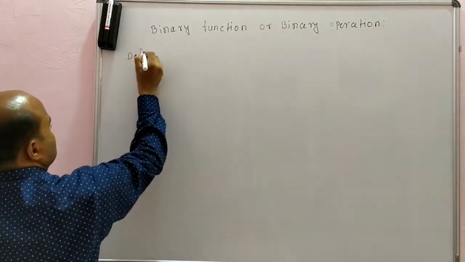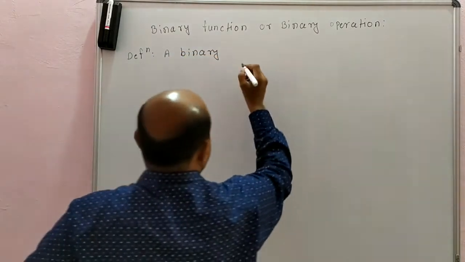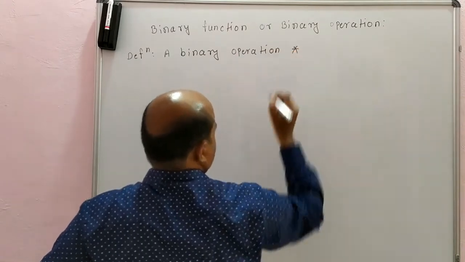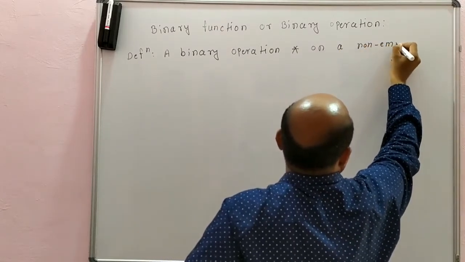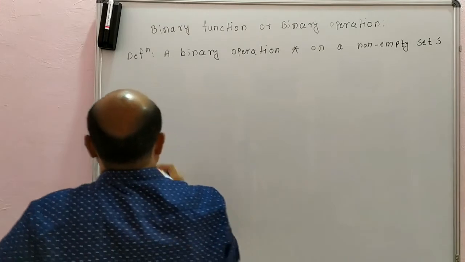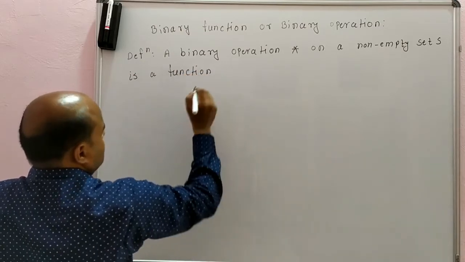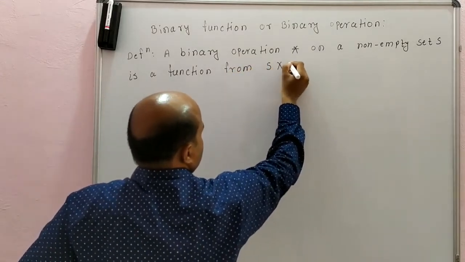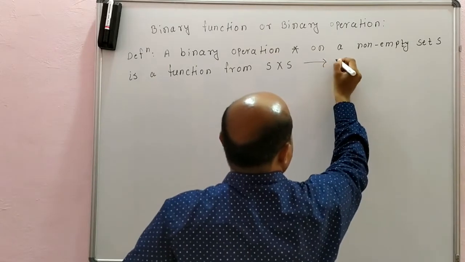Definition: a binary operation star on a non-empty set S is a function from S cross S, that is the Cartesian product of S with itself, into S.